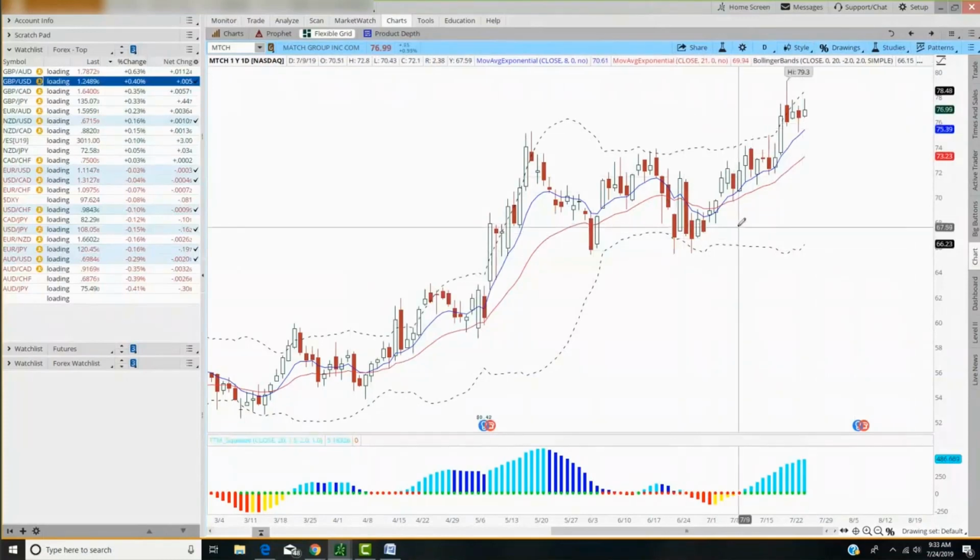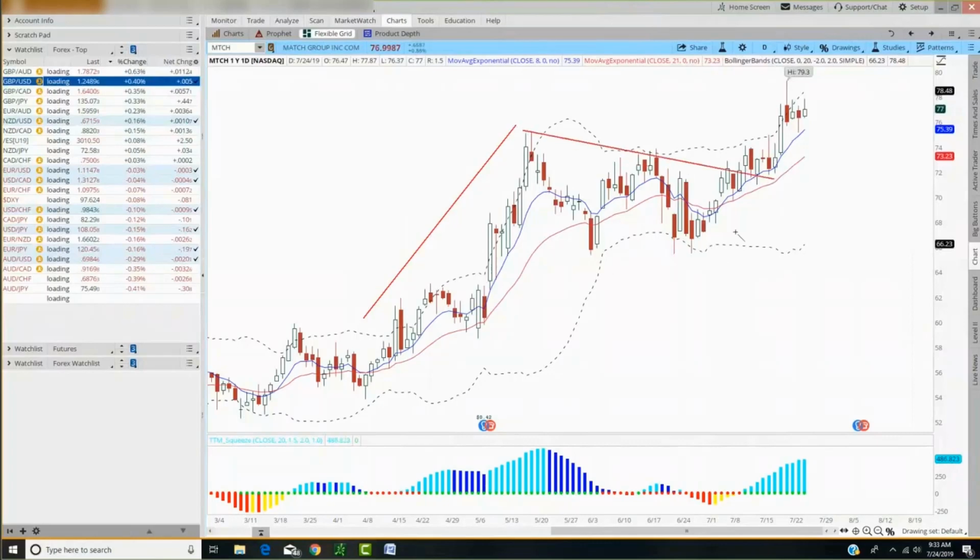So what we're going to do is measure from high to low in the pattern that we are playing. Now you guys know when it comes to squeeze plays, we have trend, pattern, squeeze. That's the three components.